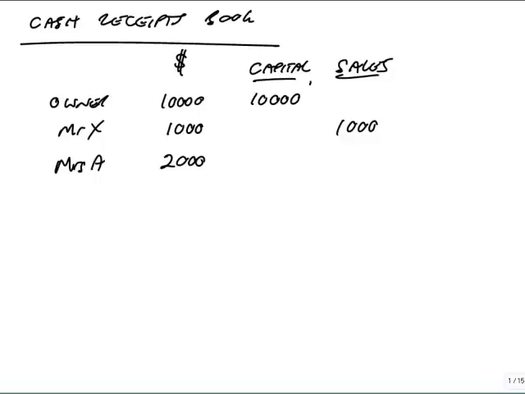Surely you credit receivables. Would you agree? When you sell them the goods on credit, debit receivables, they owe you money, credit sales. When they pay you the money, we're going to debit cash, we're going to credit receivables. Well, she'll have another column, receivables.